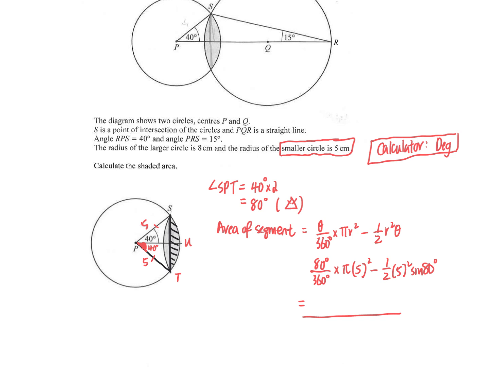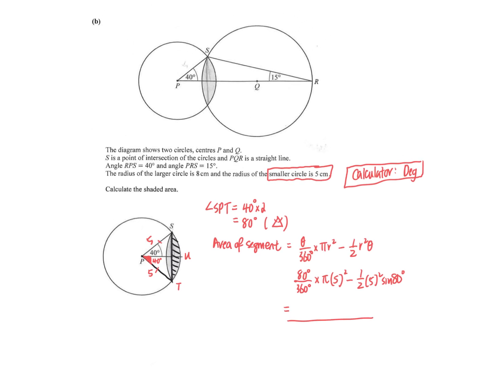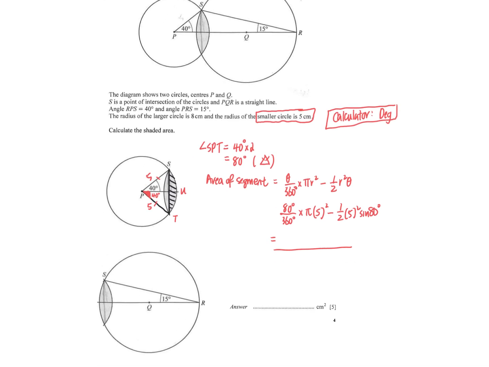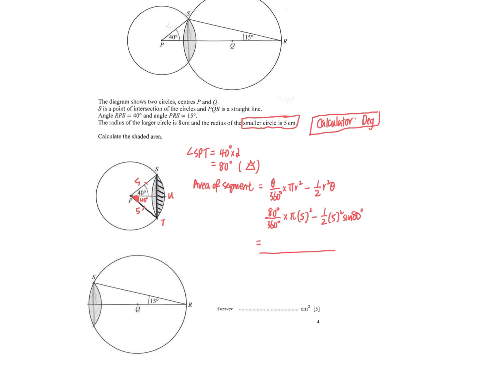You can find the area of that shaded part first. For the area of triangle, remember what you all learned in trigo before: the two sides and the angle in between.